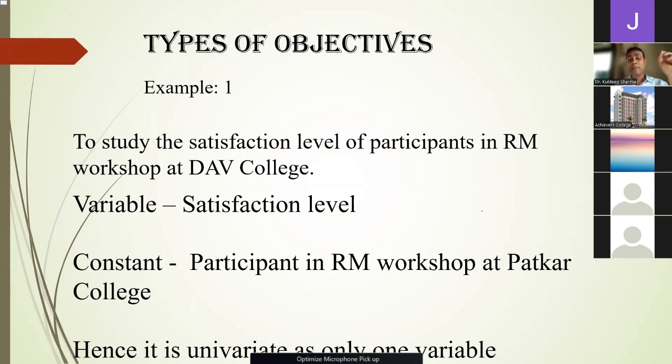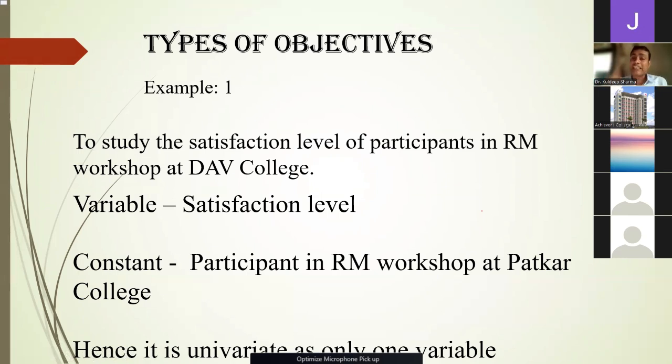As I said, participant in RM workshop at Patkar College or at DAV College or at Achievers College is a constant variable. So just if I change the name of the college, my study will be different.